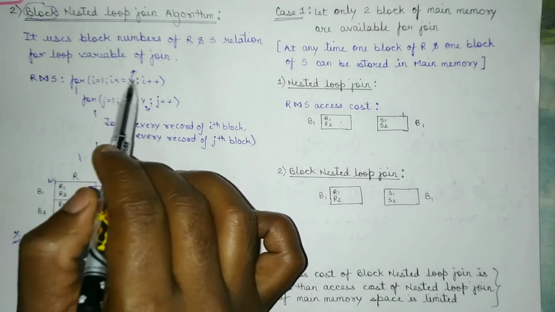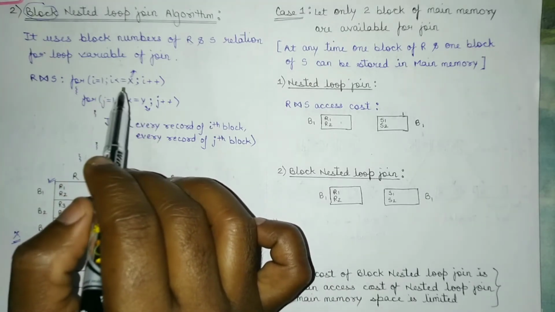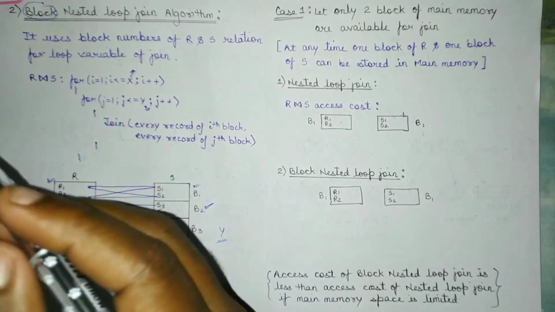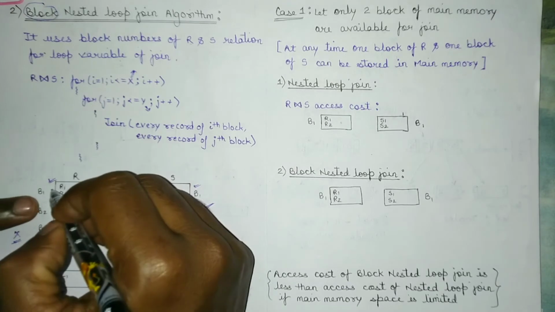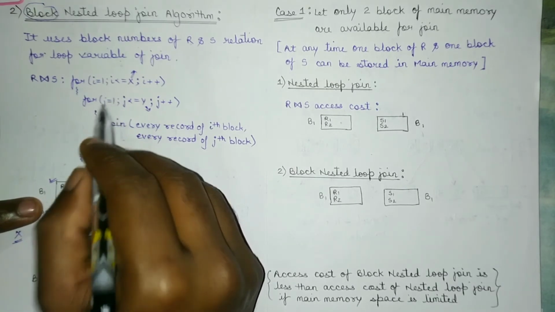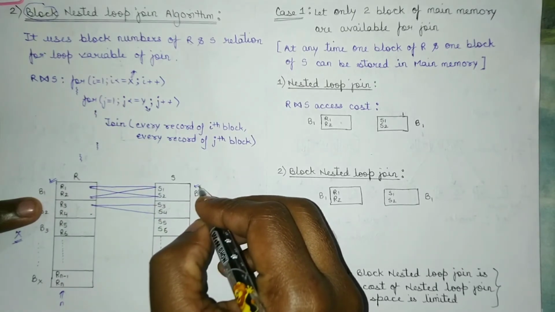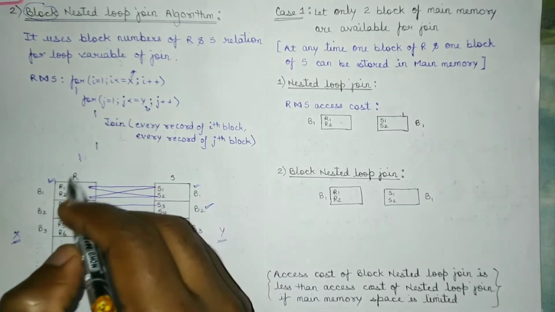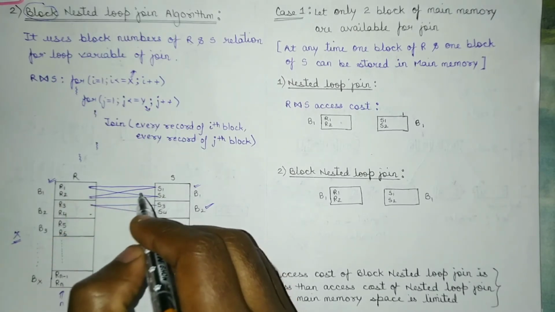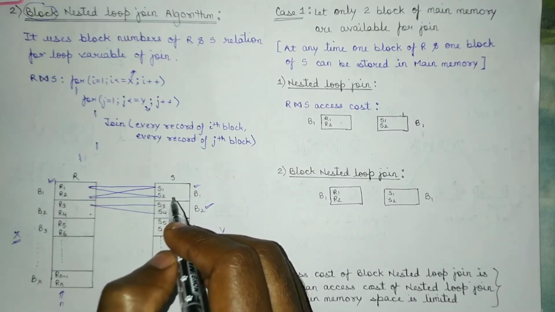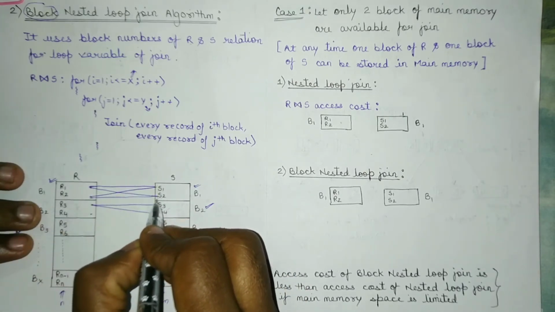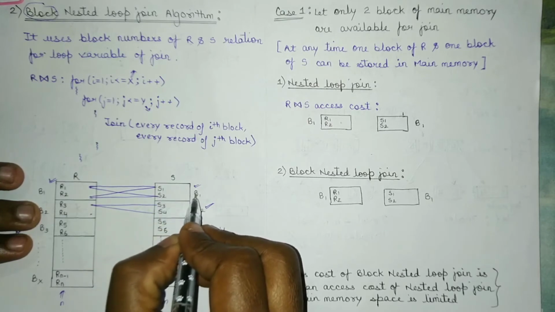We will be mapping all the records of the respective block of R with the respective block of S. How? Let's see. Initially the value of I is 1, that means we are on the first block of relation R, and J is 1, that means we are on the first block of relation S. So we will be mapping all the records of the first block of relation R with all the records of the block in relation S. So R1 will be mapped with all the records in this block.